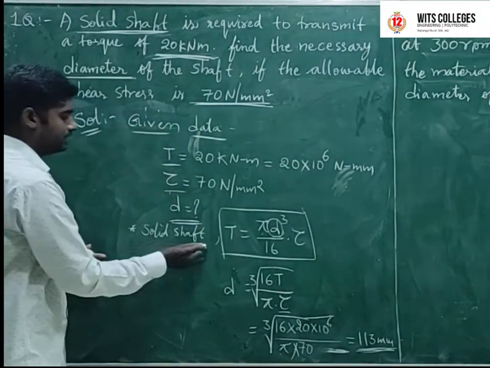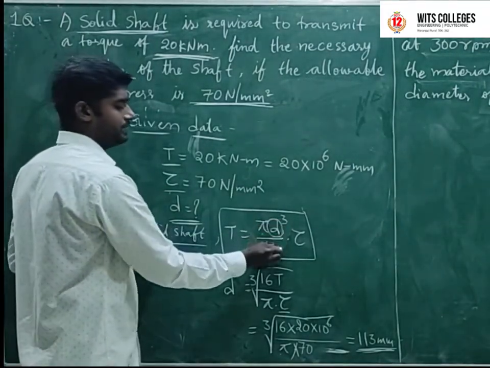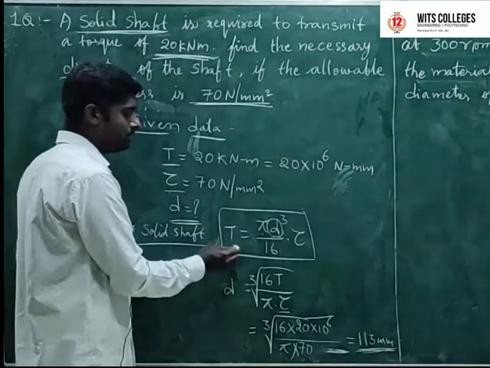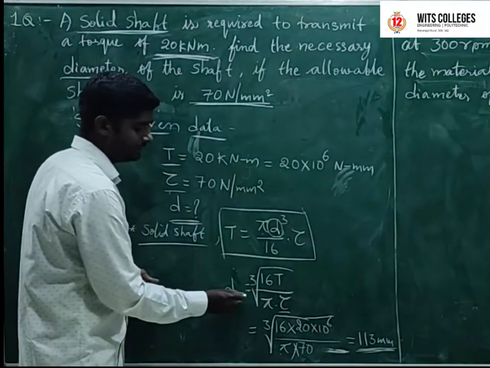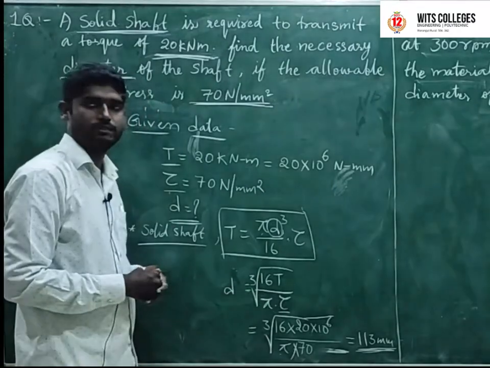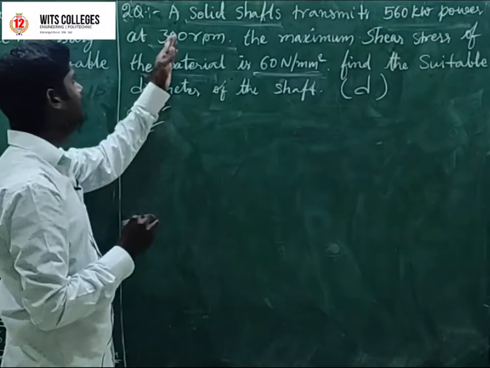Using the solid shaft torque equation, T is equal to pi into d cube by 16 into tau, we substitute the T value and tau value. Then D is equal to the cube root of 16T by pi into tau.